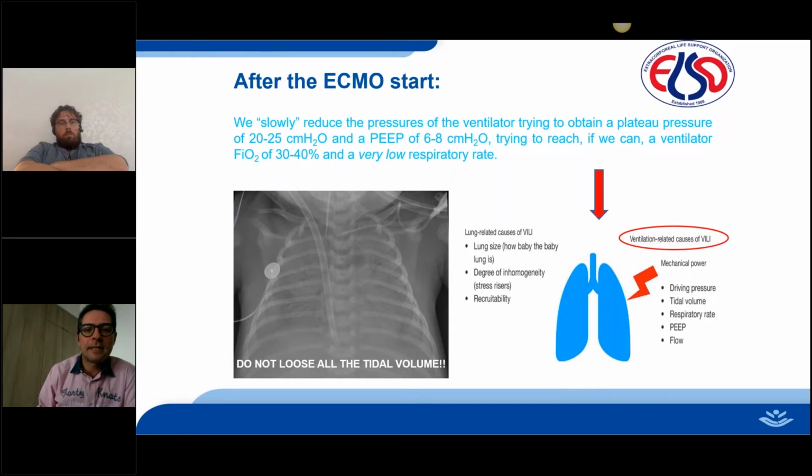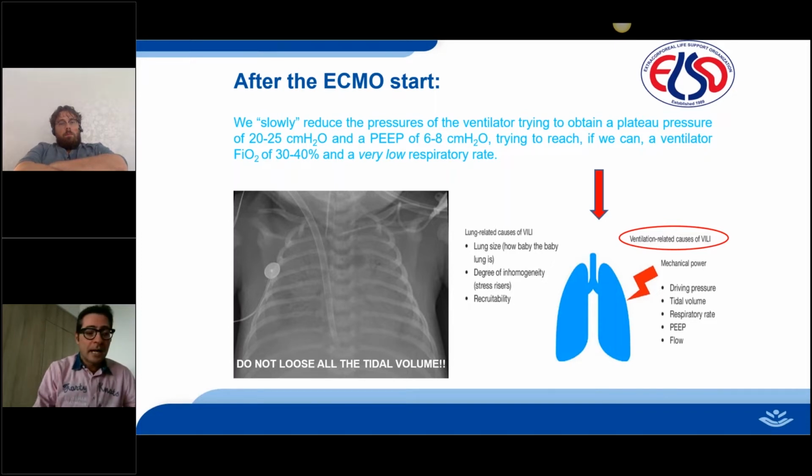So EuroELSO says that it should be nice to slowly reduce the pressure on the ventilator, trying to obtain a lower plateau pressure, let's say 20-25 centimeters of water, a moderate PEEP between 6 and 8, try to reach, if we can, a lower FiO2 and a very low respiratory rate. This is a good physiological approach, in my opinion, because it reduces all the ventilator causes of VILI.